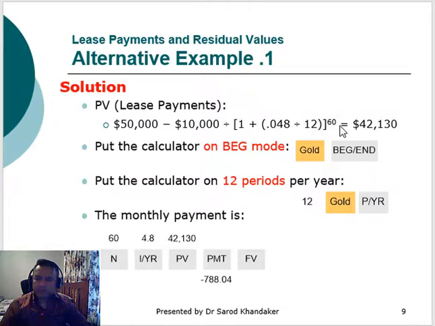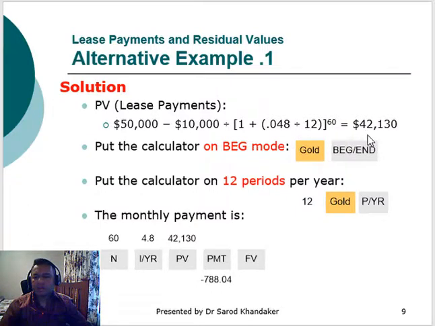Power 60 is coming from the monthly compounding for 5 years, 12 multiplied by 5 is 60. 0.048 divided by 12 is the interest rate, because as we know, the interest rate is 4.8%, and it's monthly compounding, so divided by 12.